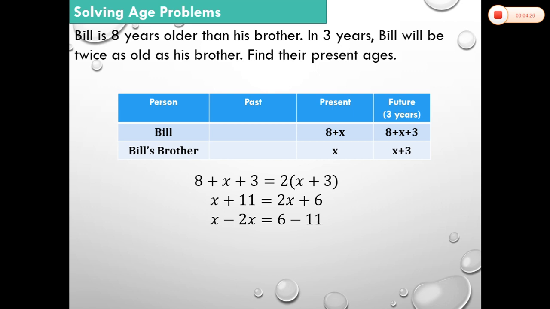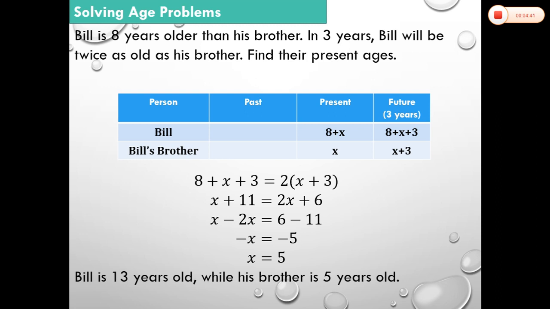Collecting similar terms, x minus 2x is equal to 6 minus 11. Negative x is equal to negative 5. Multiplying both sides by negative 1, x is equal to 5. So Bill is 13 years old while his brother is 5 years old.